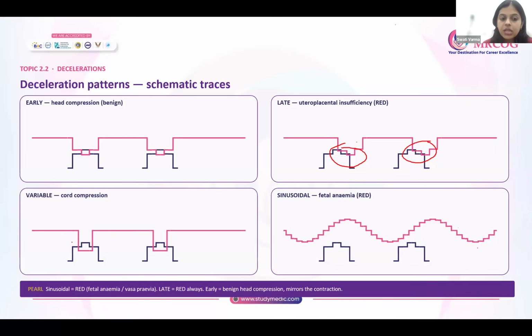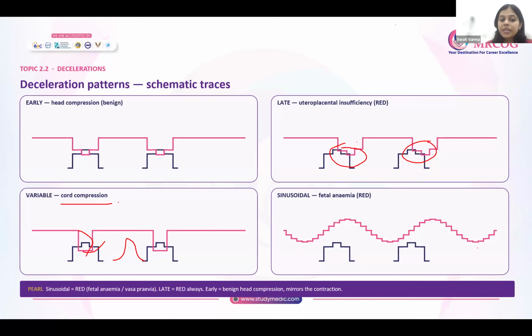Whereas variable, which is associated with cord compression, might sometimes coincide, sometimes it might not coincide. It may go somewhere else. The word itself says variable deceleration is not necessarily coinciding with contraction.